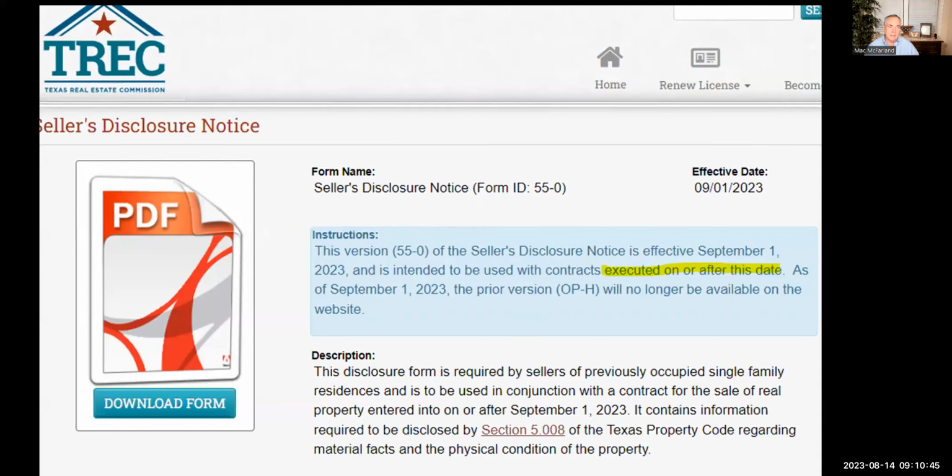What I highlighted on here: any contract that's executed, so when we put an effective date on the contract, after September the 1st, you're supposed to have the new seller's disclosure notice. So if you have a listing right now, today, using the new seller's disclosure notice would be the easiest thing. And it's already in the system. So if you pull it from a template you have established, it should upload from there.